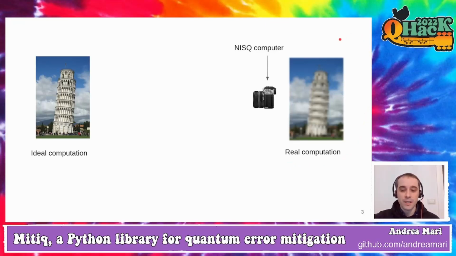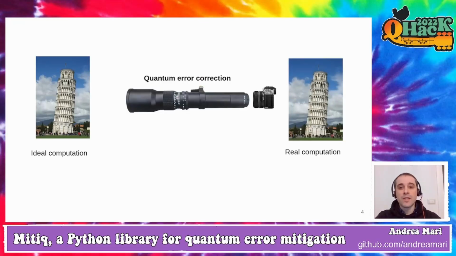Because of this, the real result that you get looks similar to a low-resolution image. To solve this problem, and I'm not sure it's easy to solve at all, a possible way in the long term is to apply quantum error correction. Quantum error correction implies that you add some expensive piece to your camera that allows you to take a better, high-resolution picture.